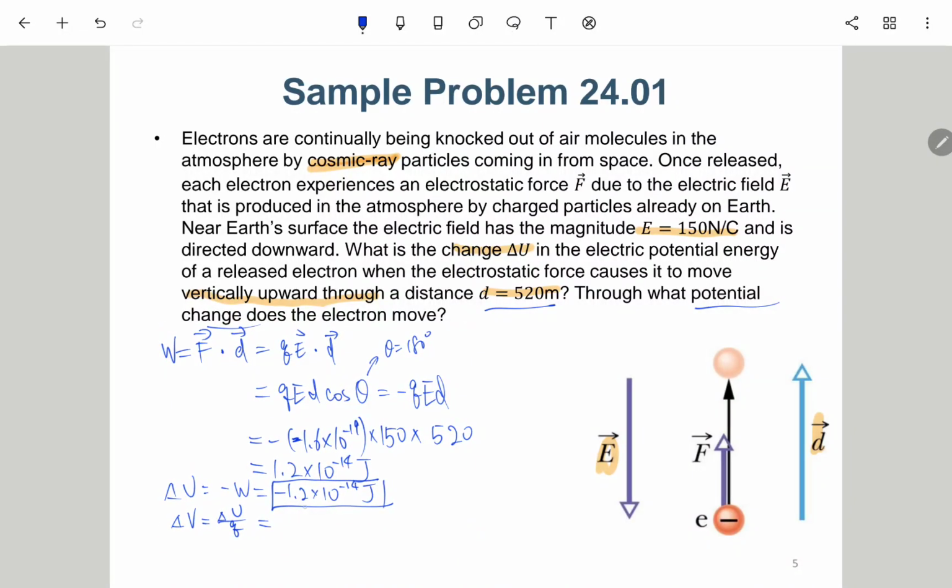So it will be negative 1.2 times 10 to negative 14 over negative 1.6 times 10 to minus 19. So it will be 4.5 times 10 to the 4th power volts, or you can also write it as 45 kV.